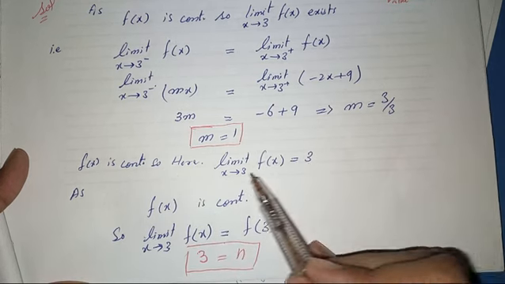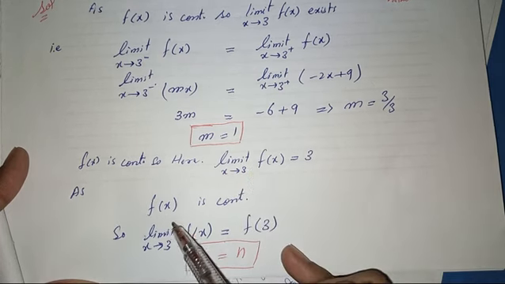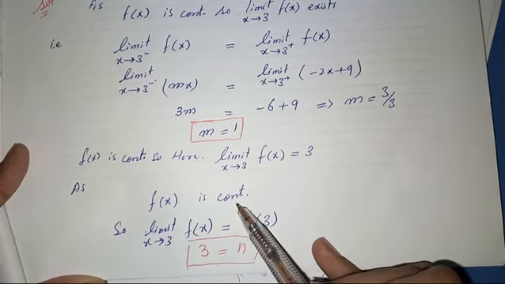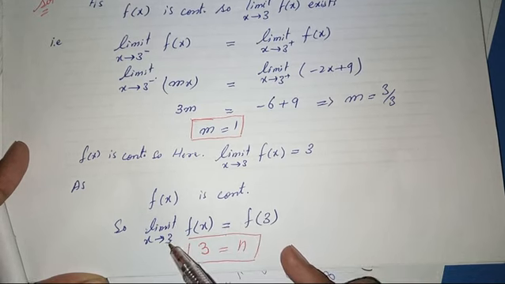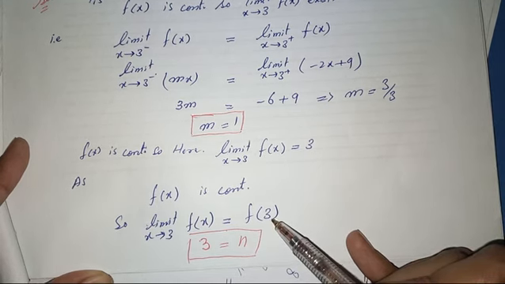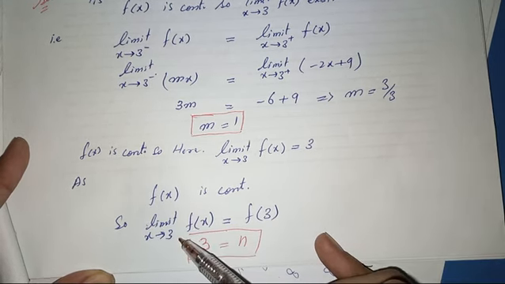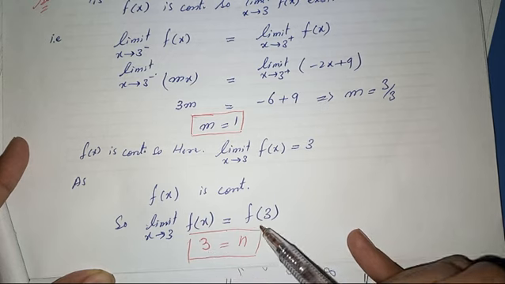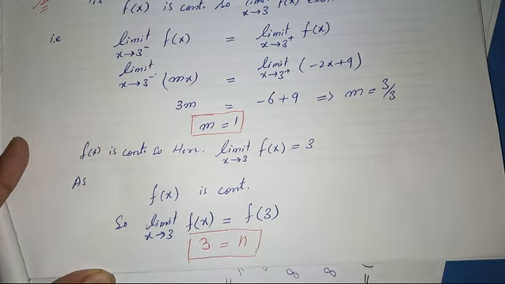We have calculated this because it is continuous. So we can write that the function is continuous, so limit x tends to 3 f of x is the limiting value, while this one is the function value f of 3. So the limiting value of the function is 3, while f of 3 is equal to n.